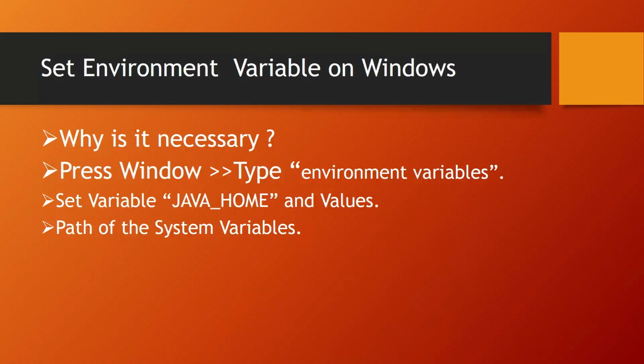It is necessary because it allows the CMD command prompt or other tools by which we try to compile our Java code to invoke the directory in which Java is installed, so that the compile process can be easily done or we can run our Java code easily.